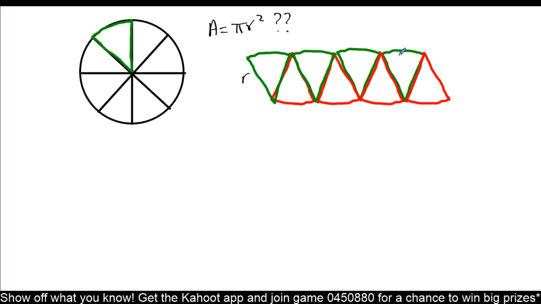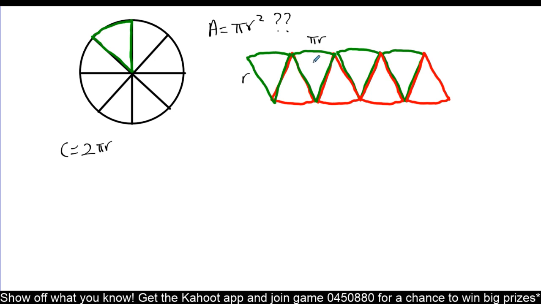And since green was half of the circumference, right? If the whole circumference is 2 pi r, and if we only take half of that, then this up here is just pi times the radius.